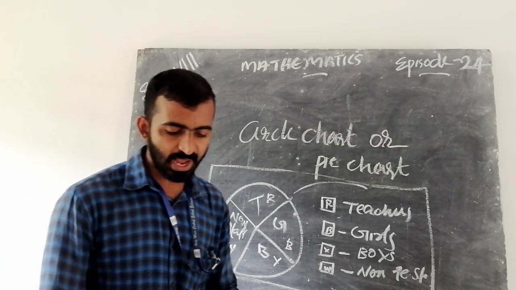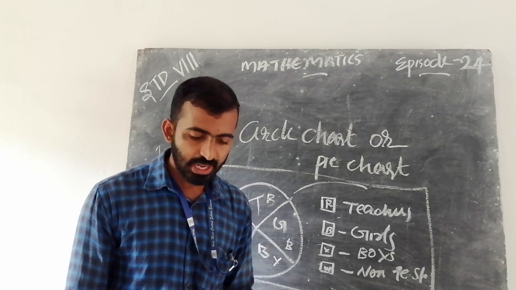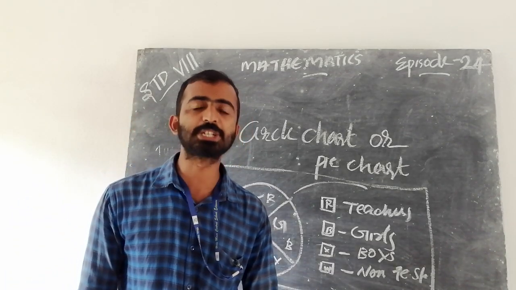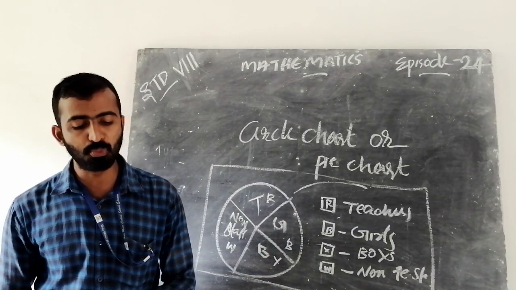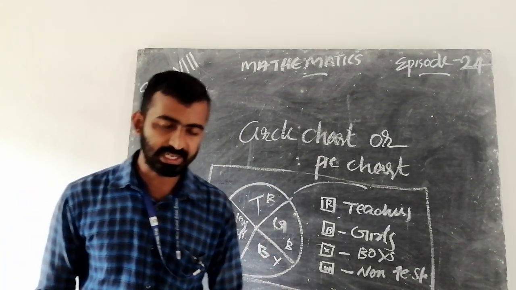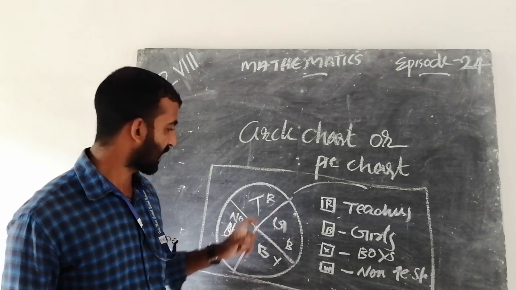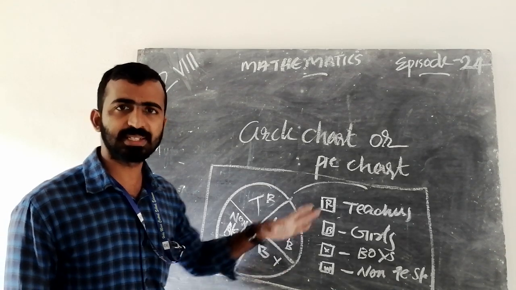For definition, a circle graph shows the relationship between the whole and its parts. We divide the whole circle into various sectors, that is, this is a sector, and this is also a sector, and this is also another sector.